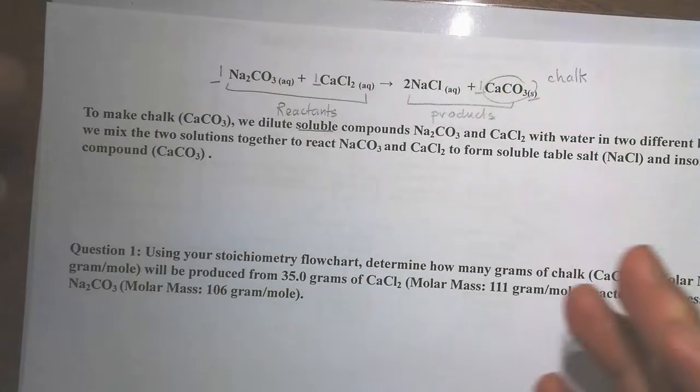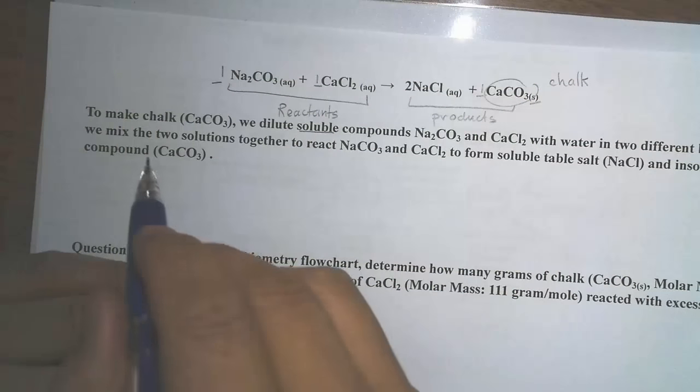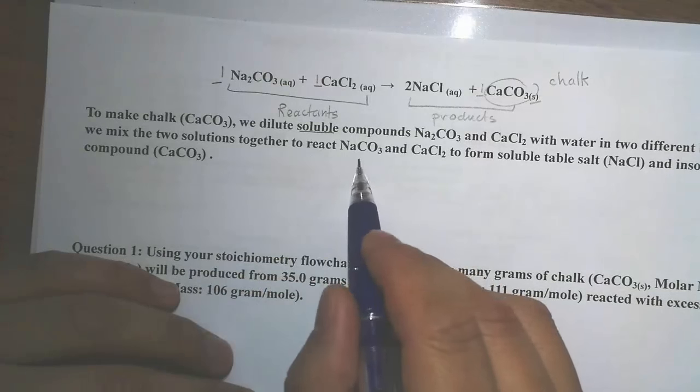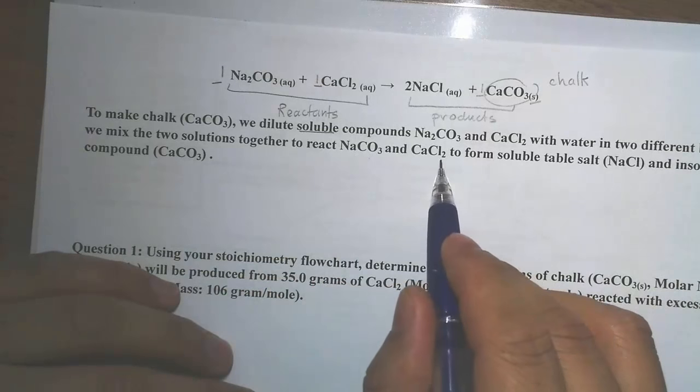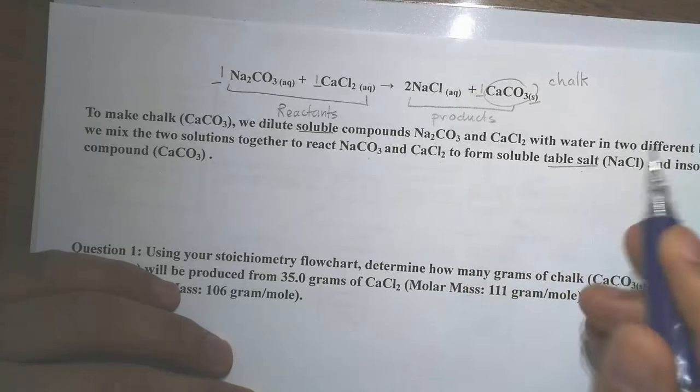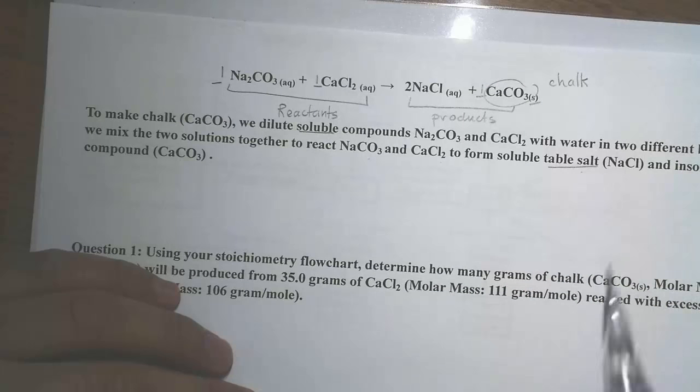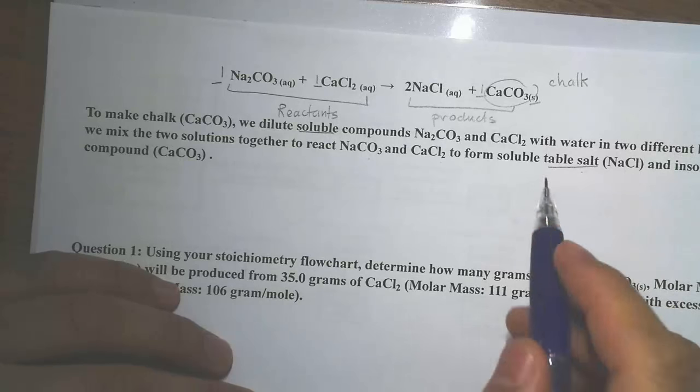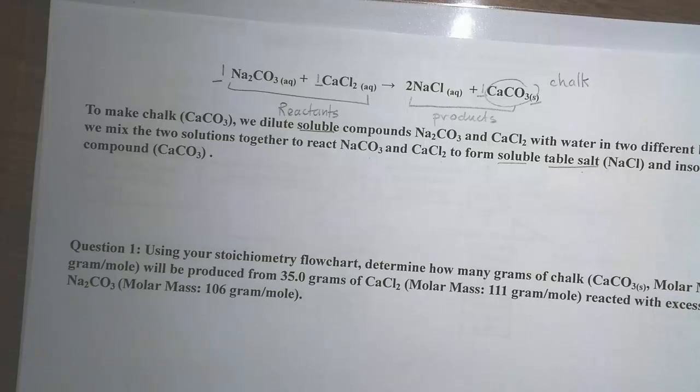Soluble means it dissolves in water. Then we mix the two solutions together to react sodium carbonate and calcium chloride to form soluble table salt. Table salt, remember the table salt that you eat at home, you make soup with it, right? It dissolves in water. So that's what soluble is. It disappears in water because it's being dissolved by water.